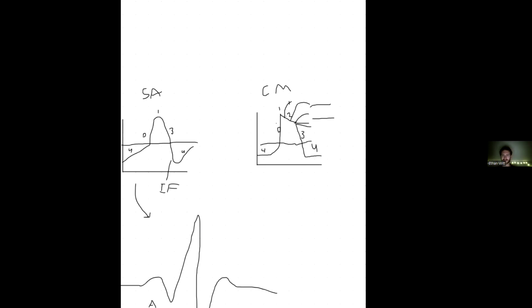All of the positive charges will inevitably diffuse out of the cell and we will become repolarized again. There is a very high potassium permeability in these cells. So as rapid as it comes in, it can go right back out.